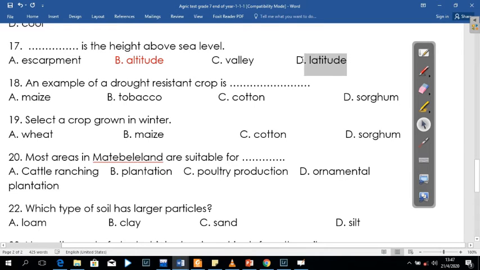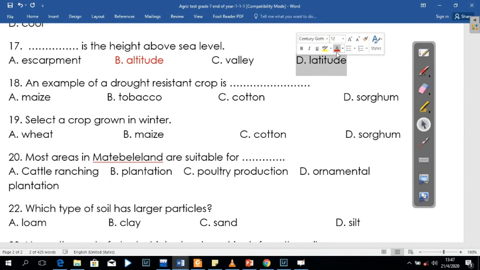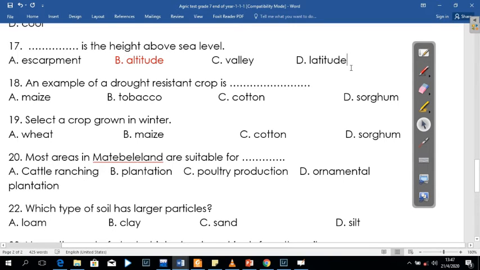I promise you, by your request, we have to do this topic on the earth, and I should show you the lines of latitude and the lines of longitude and the equator as well. I think we have to do that. We shall do that. So the correct answer here is altitude.